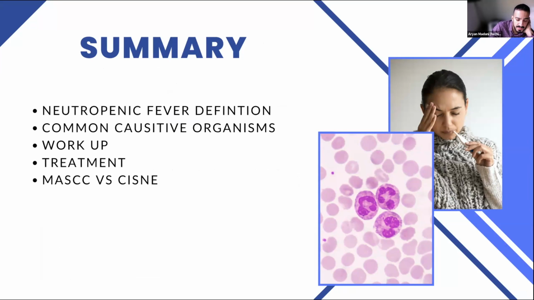When it comes to workup, just remembering that you're essentially just working up an infectious process, looking at urine cultures, sputum, fluid swabs, wound cultures, and stool, and potentially an X-ray if you need it as well. And then aiming to get good gram-positive and gram-negative coverage when you're treating these patients. And finally, we discussed the MASCC and CISNE score with a study that really strongly favored the CISNE algorithm.